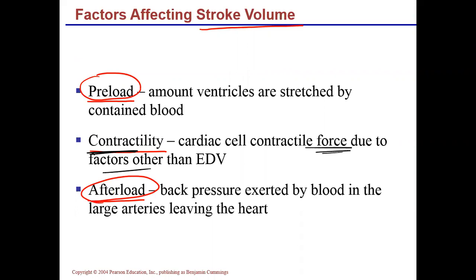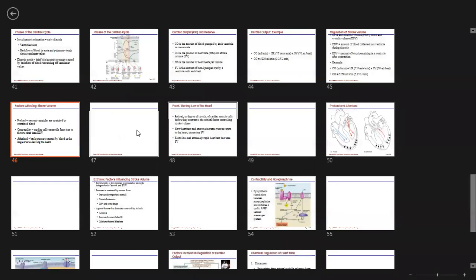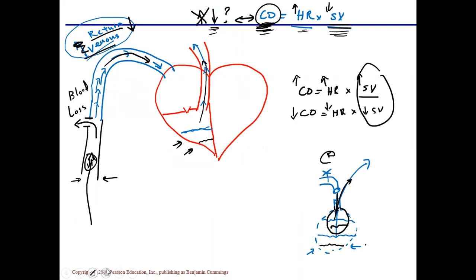Afterload is not a major factor that can affect the stroke volume. It affects the stroke volume in people that have high blood pressure most of the time, and people whose blood vessels near the heart are blocked. Those are the two major factors. In order to dissect this and understand the afterload part, let's take a look at the next scenario.